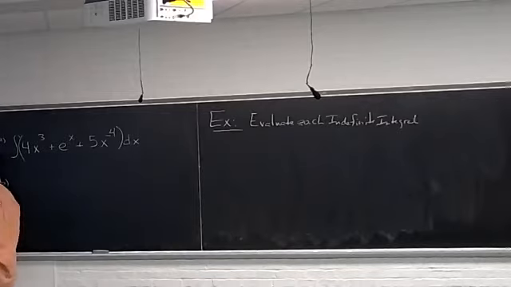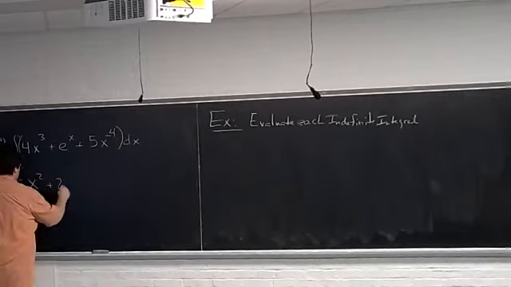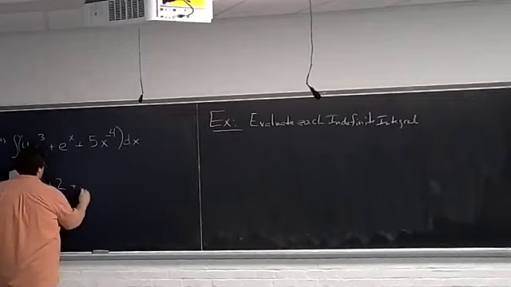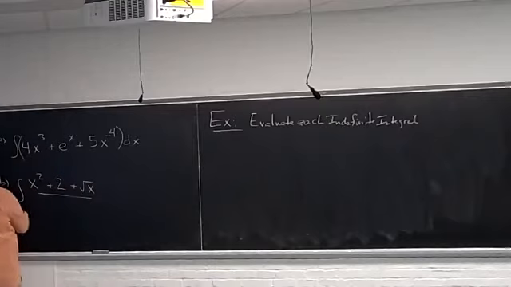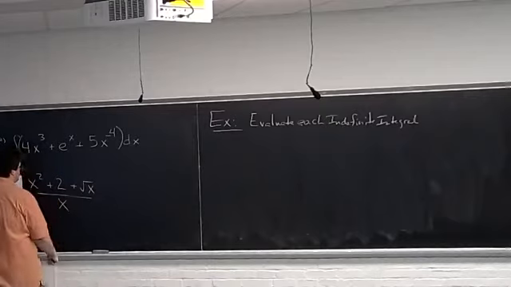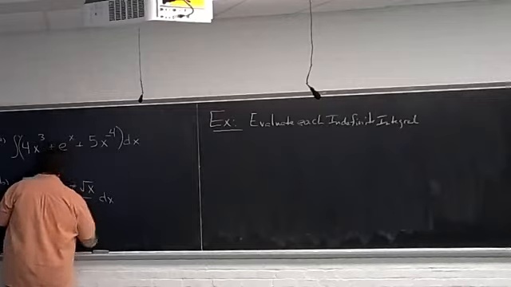Part B, is that B showing up on camera? So A and B are slightly off screen. They're A and B in parentheses. The math is still on screen. Integral of x squared plus 2 plus root x over x with respect to x.